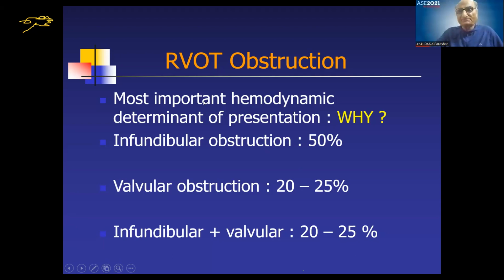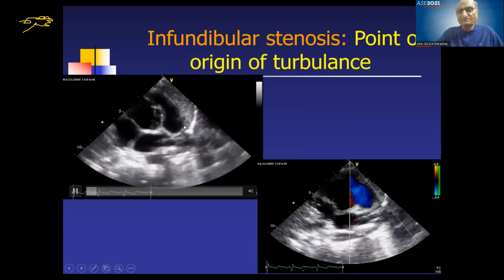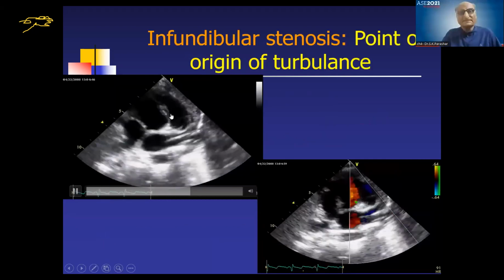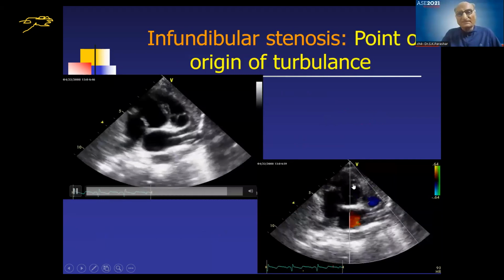Turbulence comes from the infundibulum, and the infundibulum gets shut down also. And see, the turbulence starts from here. So immediately the color tells us that it is an infundibular stenosis. That is the point of origin of the turbulence.